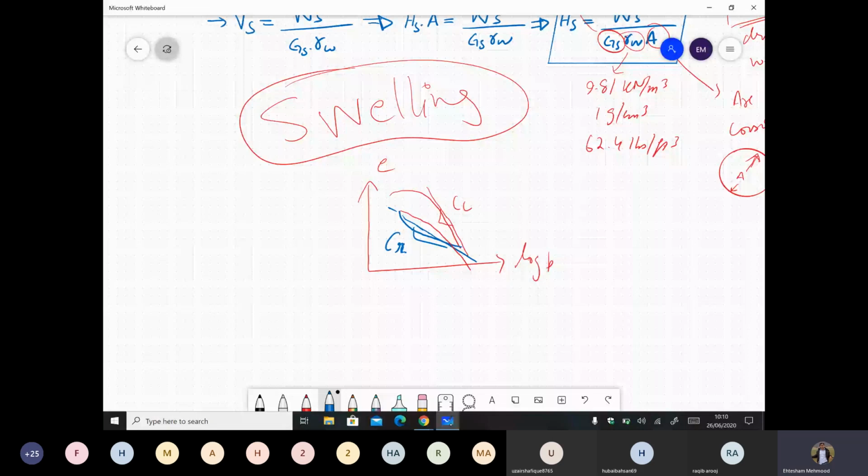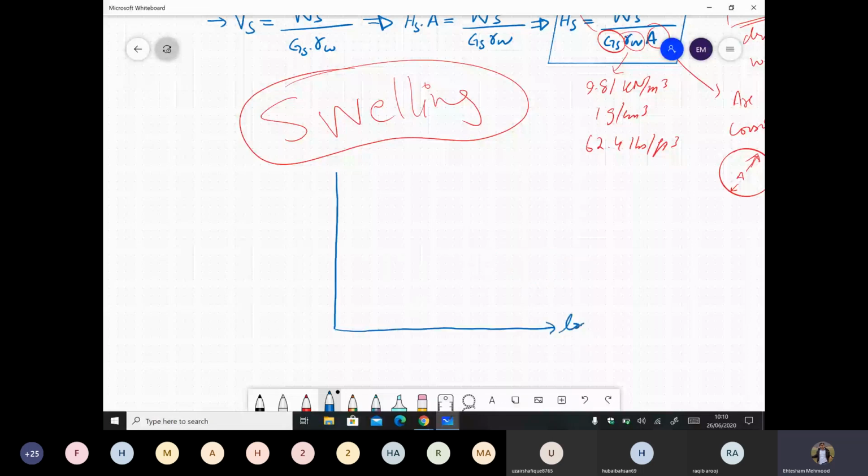Let me draw a bigger one. So this is log P and this is E. We are loading the soil like this, then we unload it, and then once again we reload the soil.